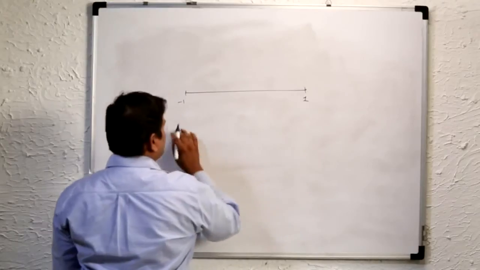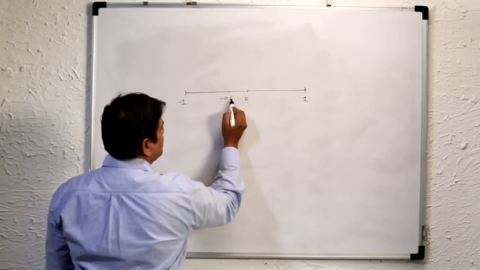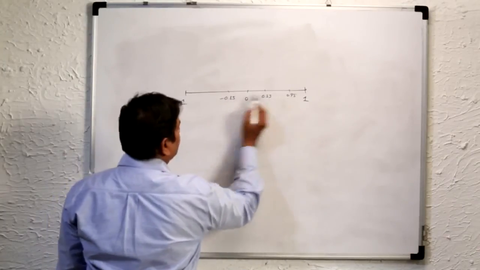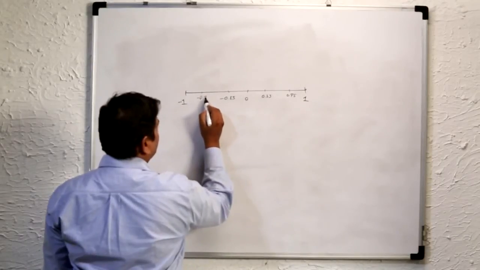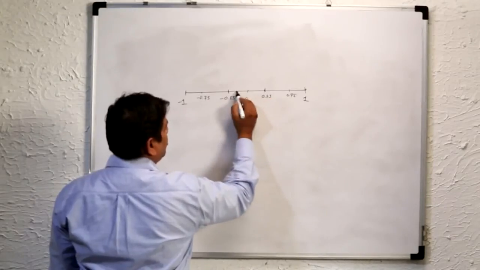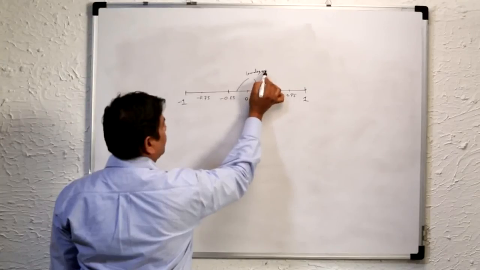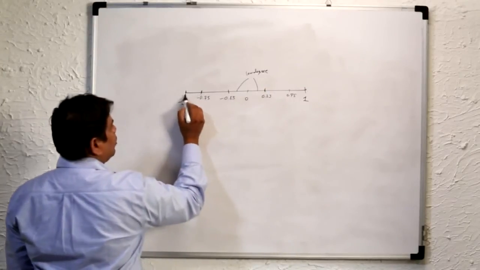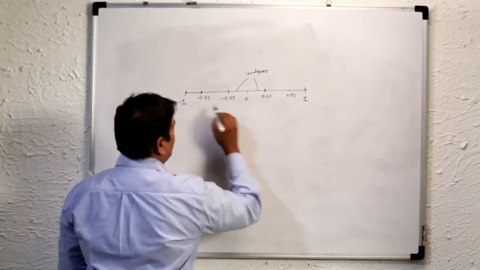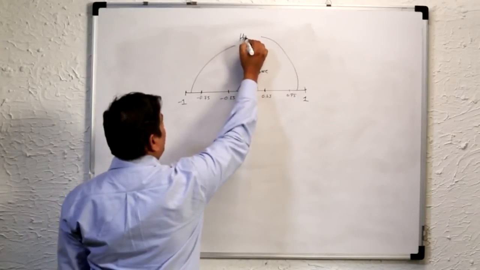Your answer of R always lies between -1 and 1. Okay. So let me draw this scale. If R is between -0.25 to 0.25, you write it is low degree. If it is greater than 0.75 or less than -0.75, then you write it as high degree.